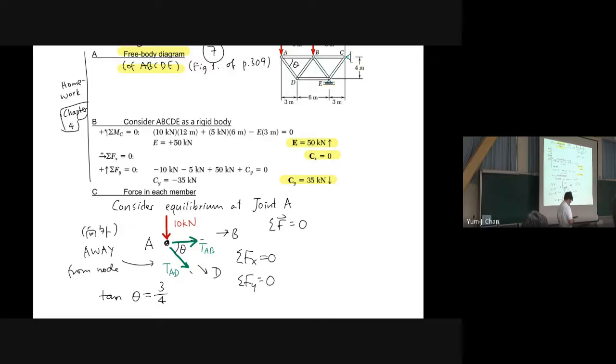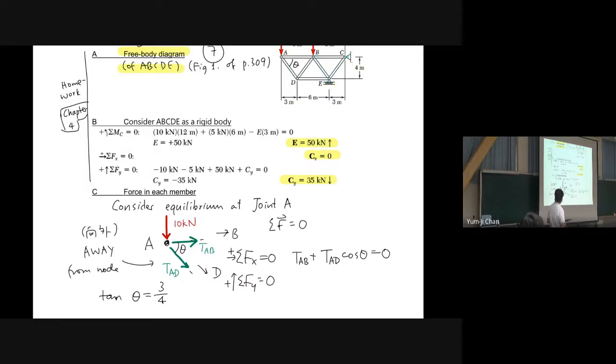And I'll come to the equations, and we have summation Fx equal to 0 and summation Fy equal to 0. For summation Fx equal to 0, what do we have? We have TAB plus TAD cosine theta equal to 0.